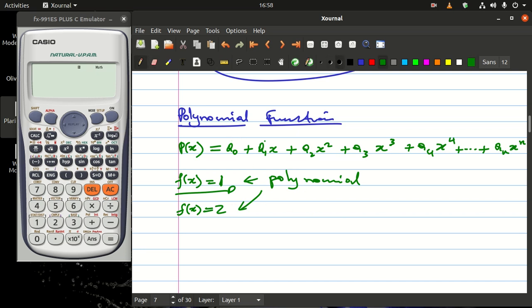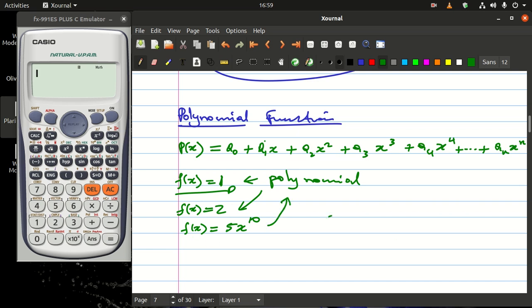If I set all of these equal to 0 and we are left with that part, I set this equal to 5. So if I have f of x is equal to 5x, let me just place a 10 there. So this is also a polynomial.